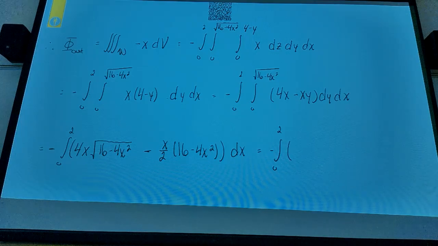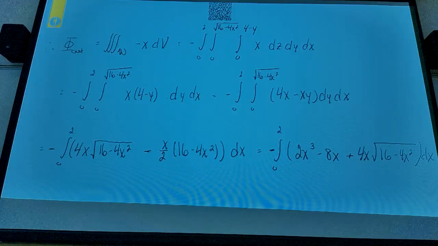When we distribute and simplify, we get 2x cubed minus 8x, and then plus 4x times that square root. Also distribute that negative.